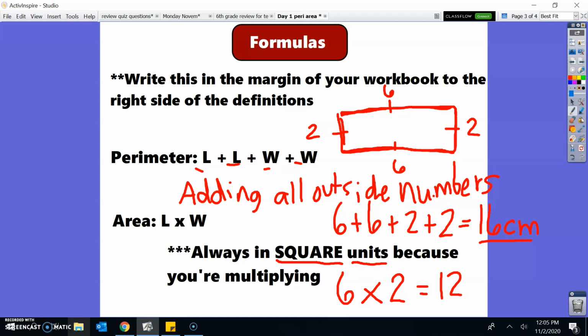My label is centimeters, and don't forget that tiny little 2 to represent squared. 12 centimeters squared. That represents that we multiplied it by two numbers. So those are the two ways to solve for perimeter and for area.